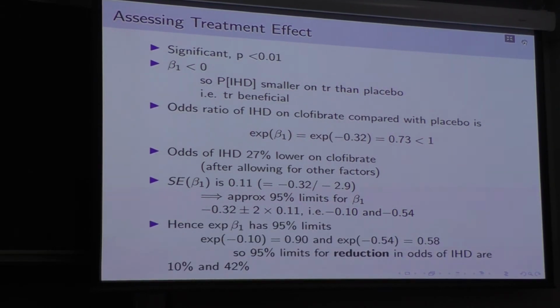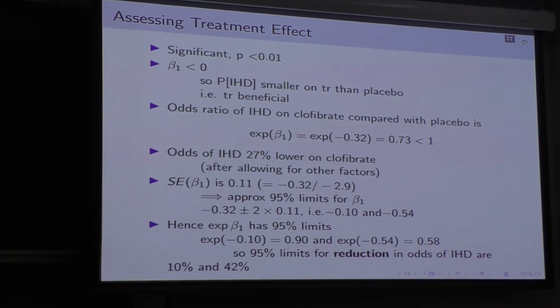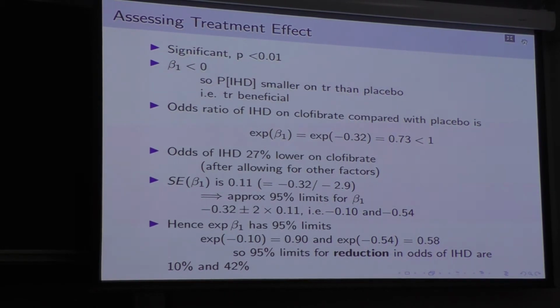And because people like talking on this scale, the exp of beta scale, it's a bit like what we were doing with the odds ratios earlier on. We work on the log scale and then we back transform to the scale we want to talk on. So exp of beta 1 has 95% limits exp of whatever the two endpoints were.